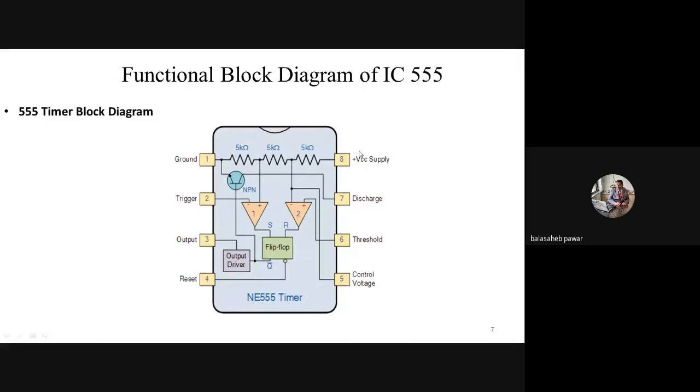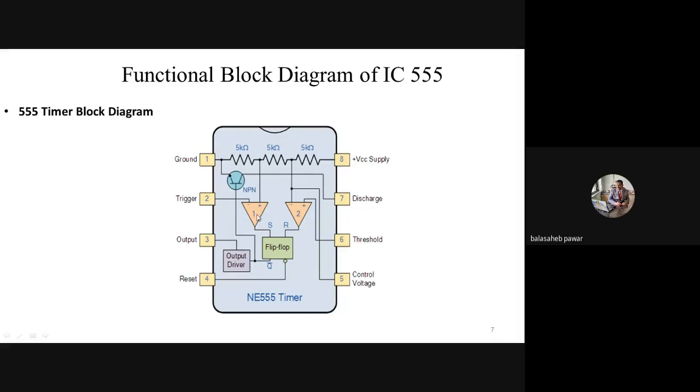Because this is the VCC, which is a DC source, connected to the three 5 kilo ohm series resistors with respect to ground, right? And during our prerequisite, I already explained how the resistors are to be used as a secondary voltage source. If you recall, you will observe the same thing in this case also.